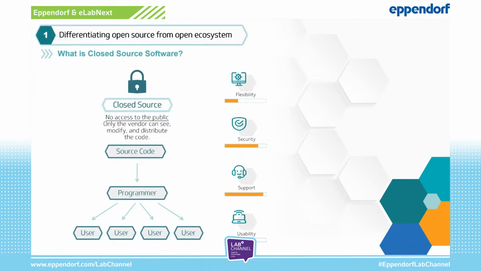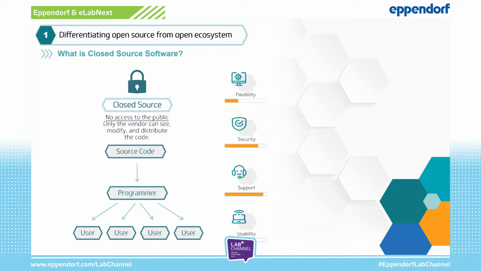First of all, in order to understand what an open ecosystem is, we first need to discuss what closed source and open source software is. In software, you will often hear these words, closed source, open source. What this is referring to is the availability of the original source code and the freedom surrounding the use of this code.